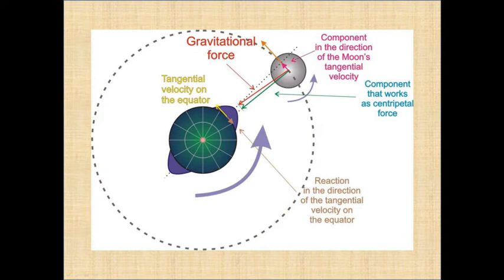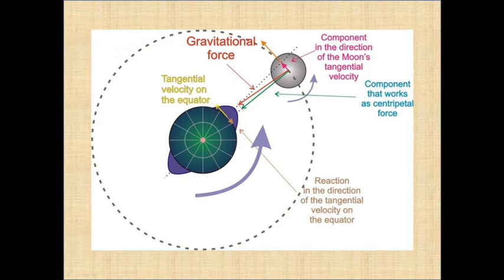So what this force does is decelerate this velocity. It has a negative acceleration. So it causes the lengthening of the day on Earth. That's the thing.